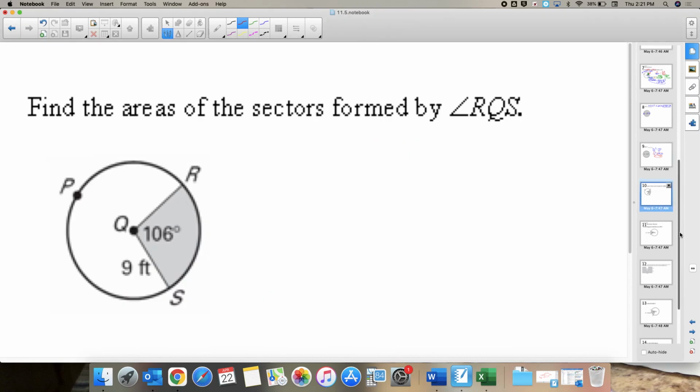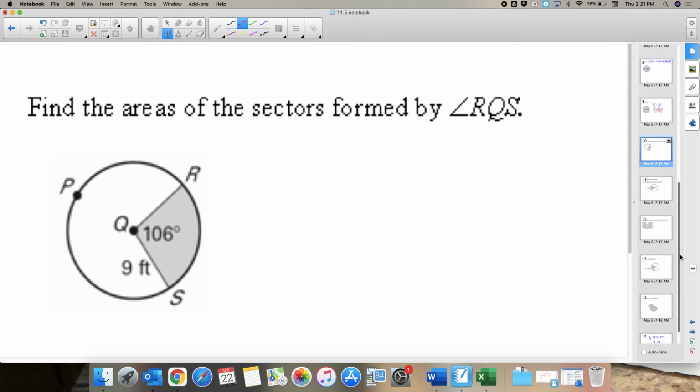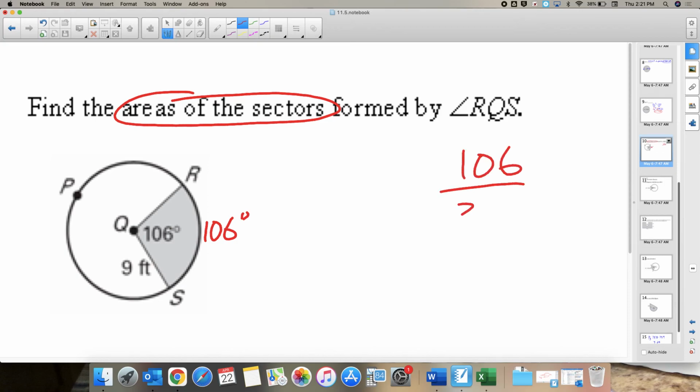Take a look at your next one there. Find the areas of the sectors. Remember, that means shaded and unshaded. So the first one we have is 106 degrees. So that's 106 out of our 360. Area of our sector is our variable over the area of our whole circle. Well, we need to figure that out.